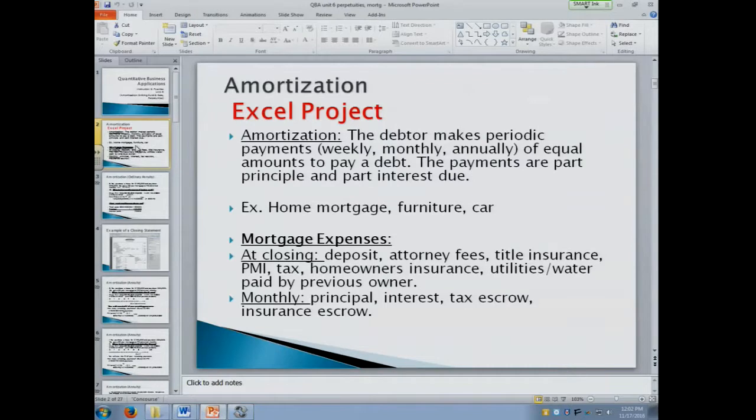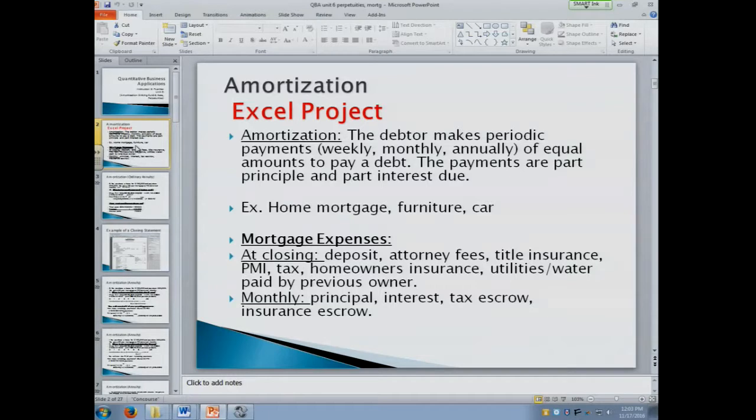So amortization. It's a schedule. It's a list of numbers or a table. The debtor makes periodic payments weekly, monthly, or annually of equal amounts to pay a debt. The payments are part of principal and interest. And part of your Excel project is to print out an amortization.